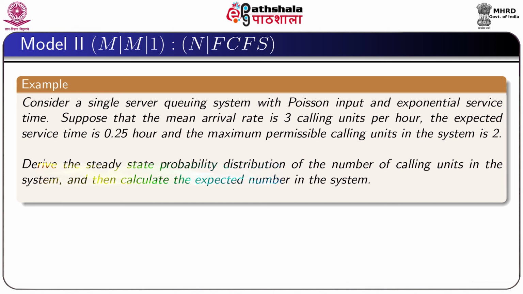We have to derive the steady state probability distribution of the number of calling units in the system, and then we have to find the expected number in the system.